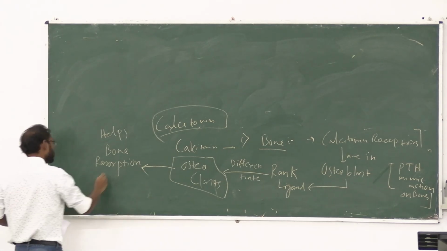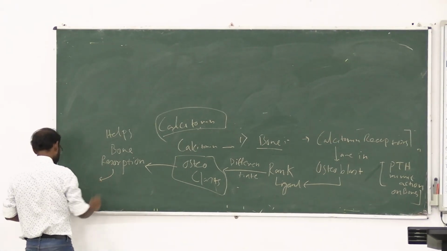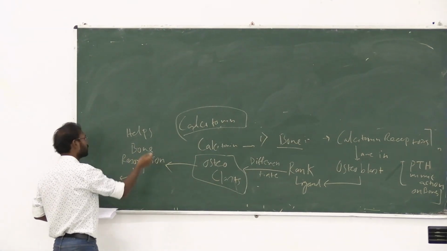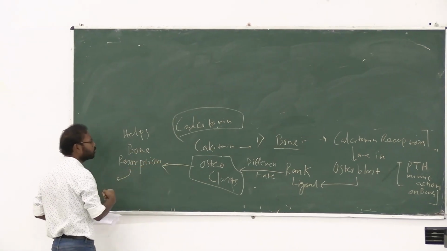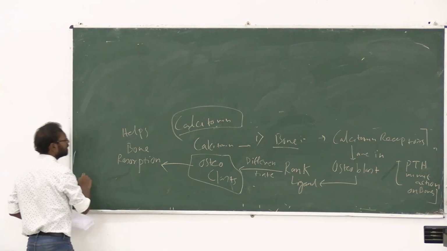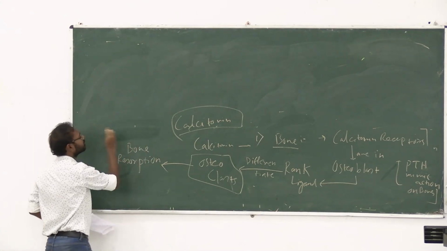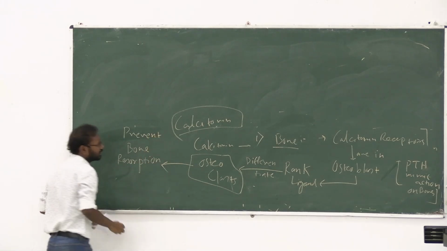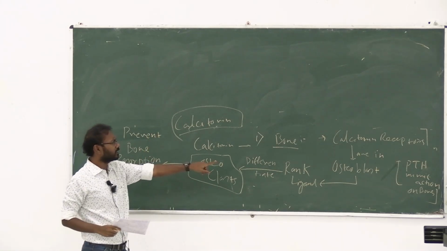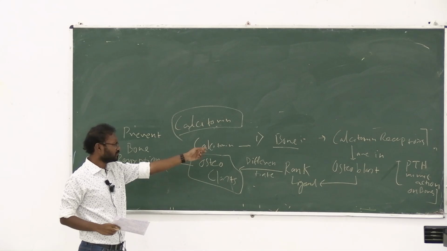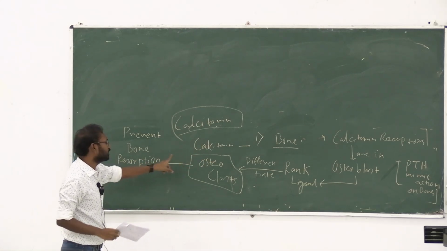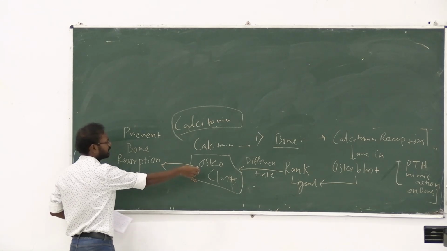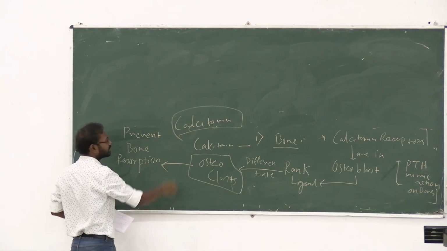Okay, now these osteoclasts help bone resorption. Now this calcitonin, what will it do? Calcitonin will prevent this thing ultimately. The PTH receptors present in osteoblast were helping osteoclast, but calcitonin is coming.